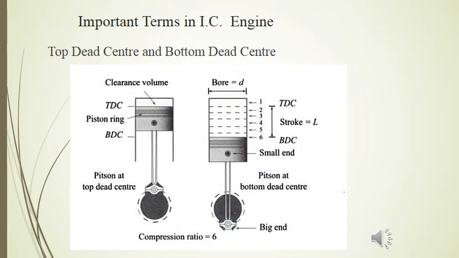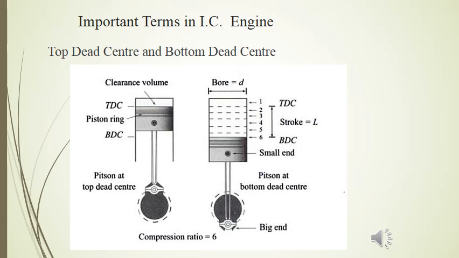The inner diameter of the cylinder is known as bore. The cross-sectional area of the cylinder when multiplied with the stroke length gives us swept volume or stroke volume. So the piston travels from top dead center to bottom dead center or bottom dead center to top dead center during any of the strokes.